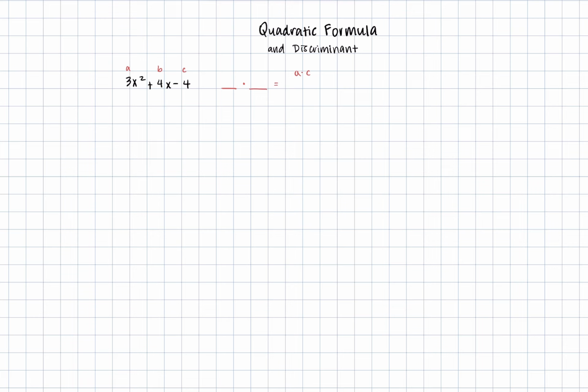That's going to give us negative 12. And the same two numbers should add up to our b value, which is 4. Those numbers are 6 and negative 2.